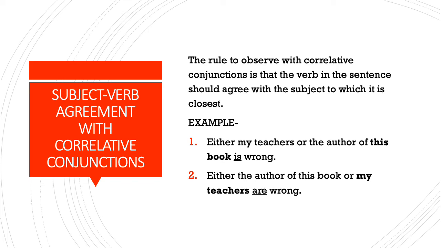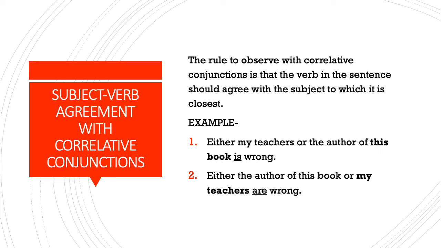Teachers is close. Teachers is plural and the verb "are", it is closer to teachers. Now teachers is plural. Plural subject will always take a plural verb. Plural subject, plural verb.